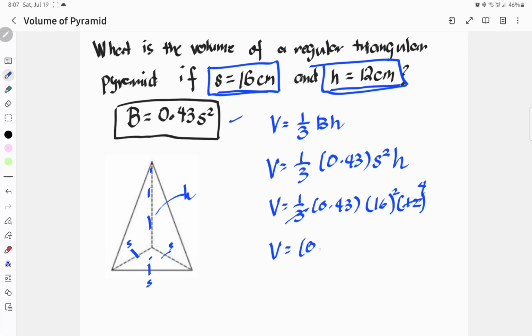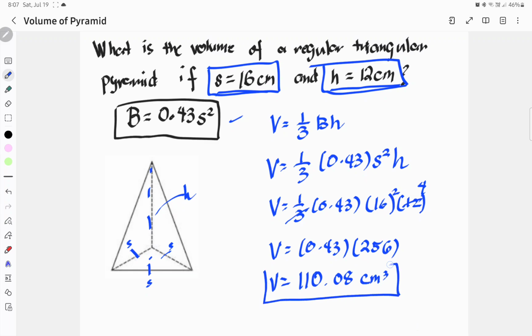So you have 0.43 times 256 times 4. Multiply that, and the volume would be equal to 110.08 cubic centimeters. And that is our volume of the regular triangular pyramid.